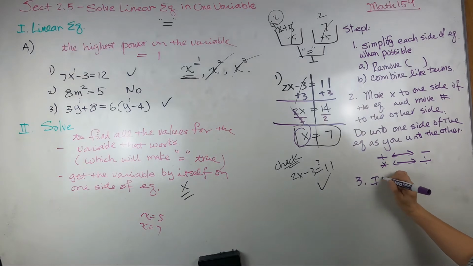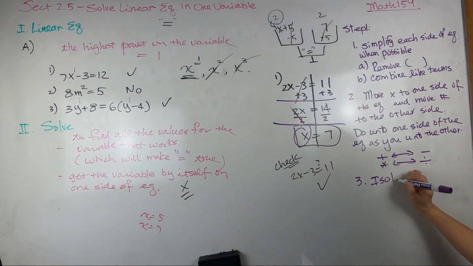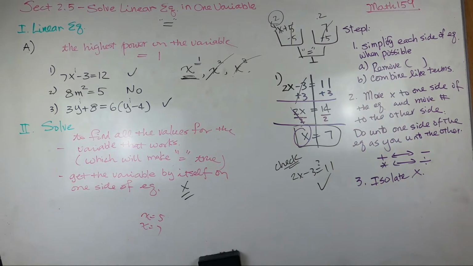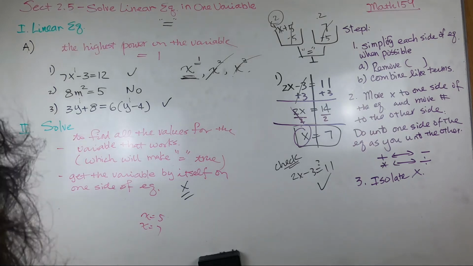Then the last step is you isolate your x that way. Okay? So we write down the steps. That's how we find the answers. And let's see more examples and see how we can get the answer.